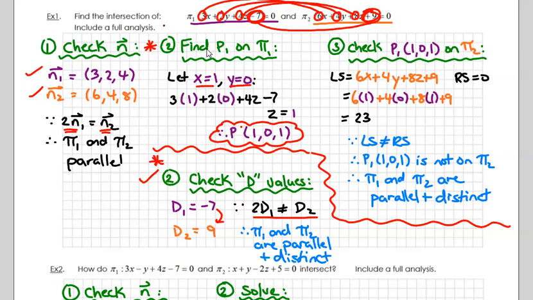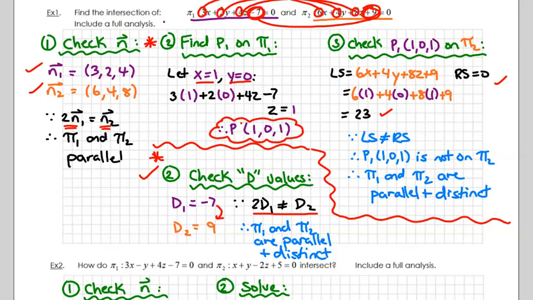Once I have that, I can then substitute it into plane number 2. So take a look at step 3, where I put P into plane 2, and I check to make sure that the left side is equal to the right side. It looks like it isn't. We have 23 over here and 0 over here. So that means that the point does not exist on plane 2, and that means that both planes are distinct from each other.